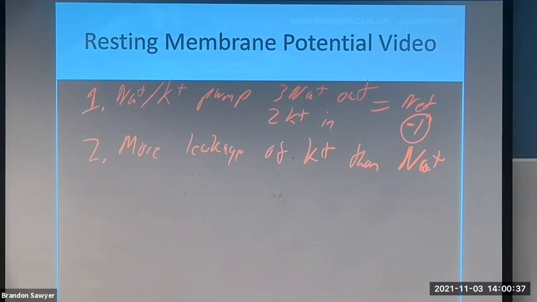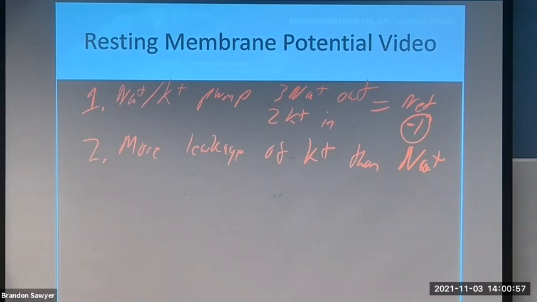Since there's a lot of sodium on the outside and not much on the inside, if sodium was able to leak, which way would it go? Into the cell or out? It would go in, absolutely. And since there's a lot of potassium on the inside and not much on the outside, if we let it leak, it's going to leak out.